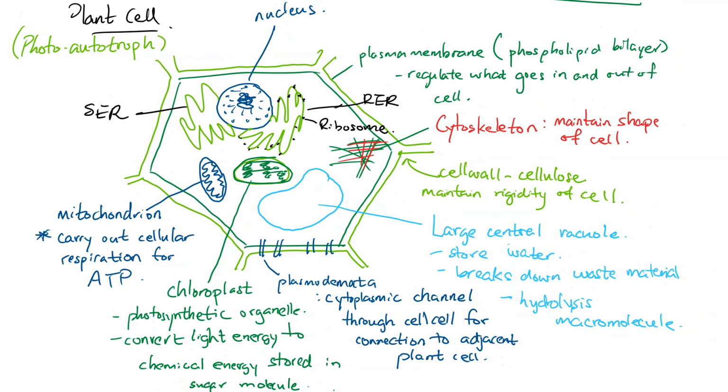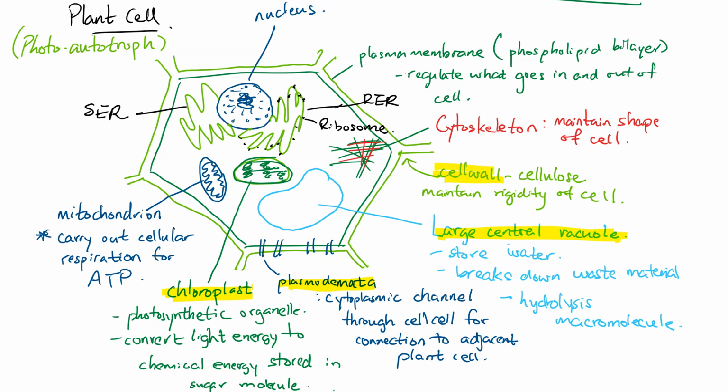So to repeat, we have the plant cell. Okay. We have something that's unique to plant cells: cell wall, large central vacuole, plasmodesmata, chloroplast, yes.